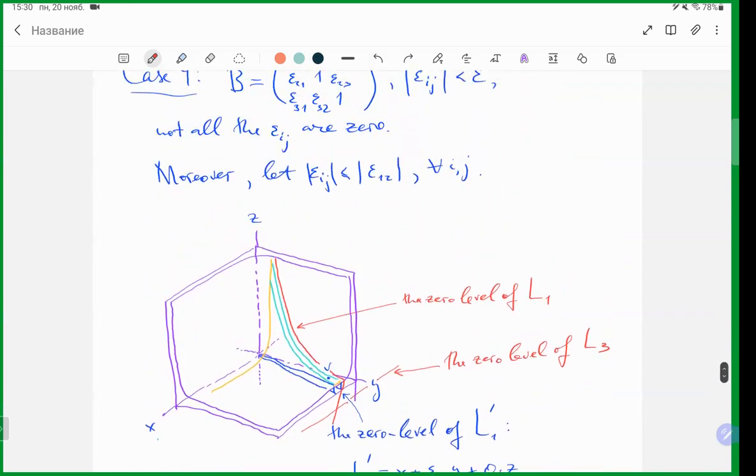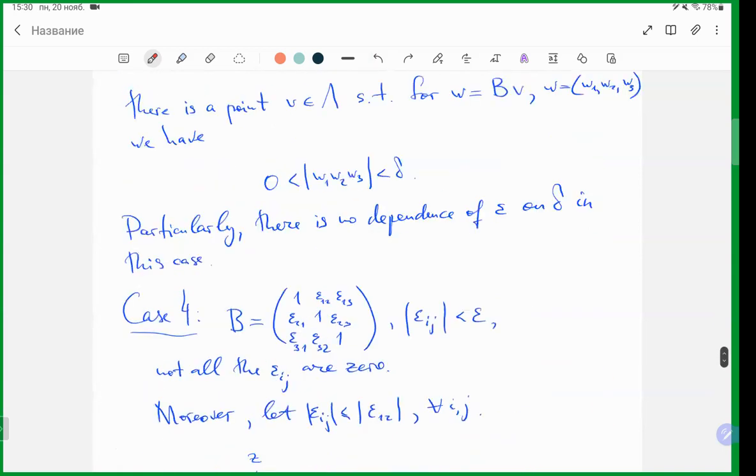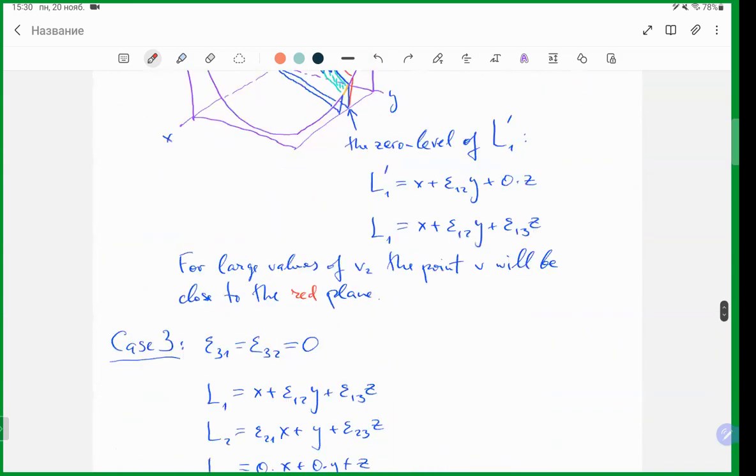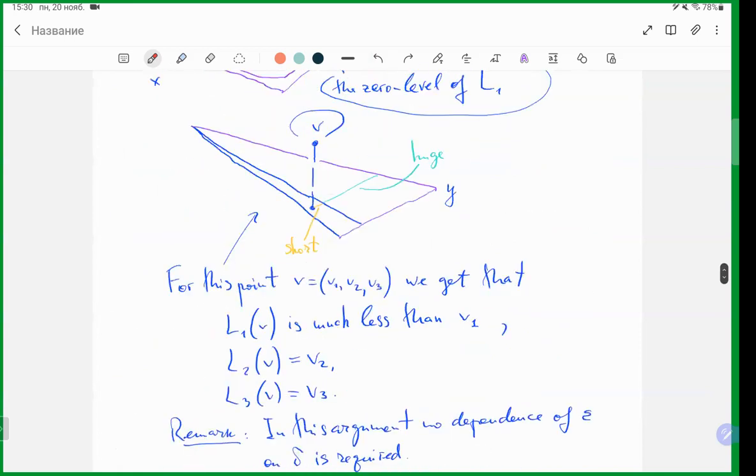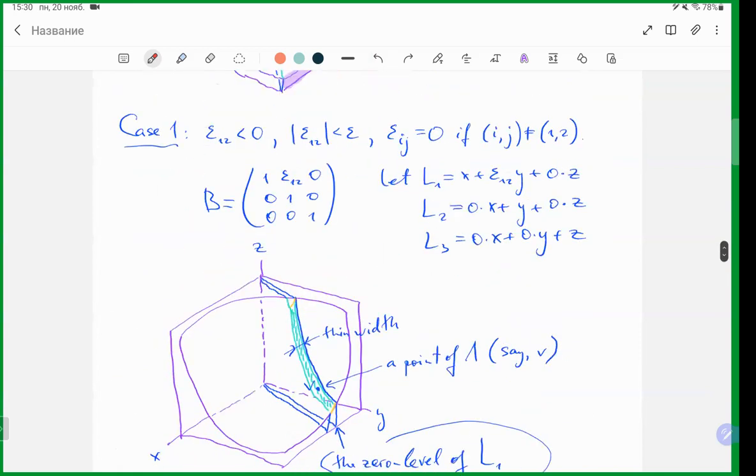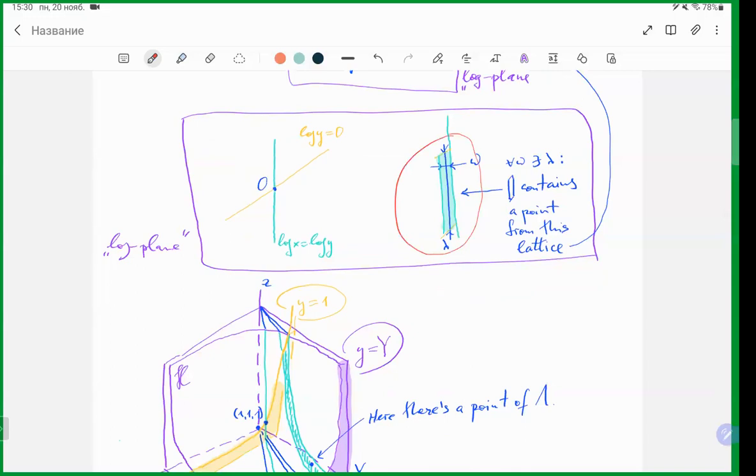The core of our argument is the following Kronecker type theorem. If we place such a parallelogram of this shape wherever we want, we will find a lattice point.